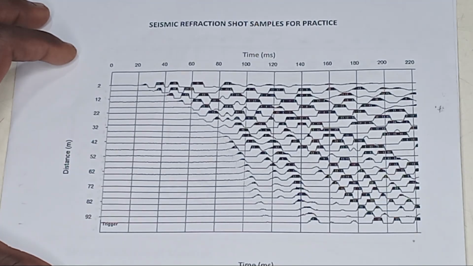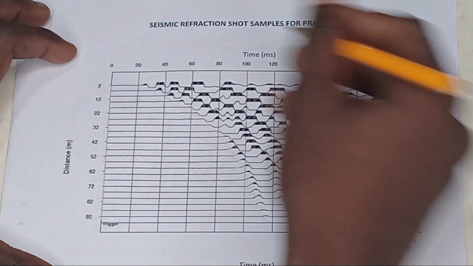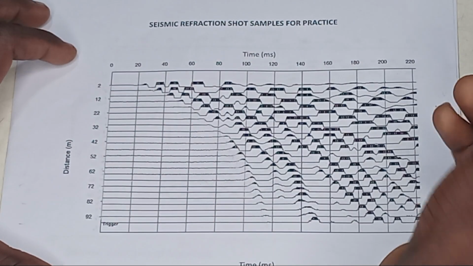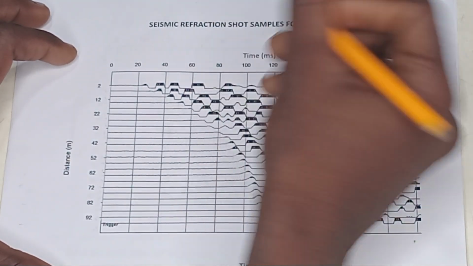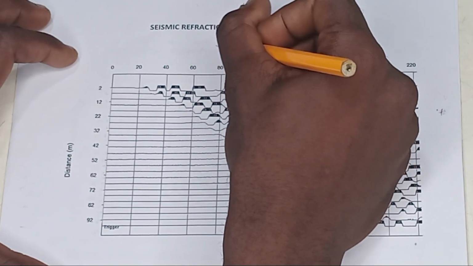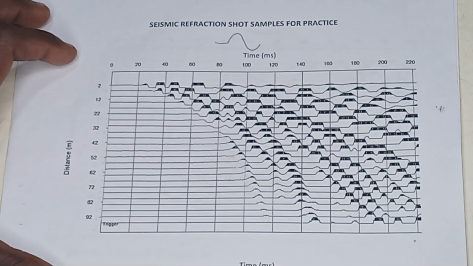Good. Now for us to pick our first arrival, it's very simple. If you look at this, you find that they are like waves. So you see something like this, peaking and troughing. If I say peak, it means it's going up. If I say trough, it is coming down.